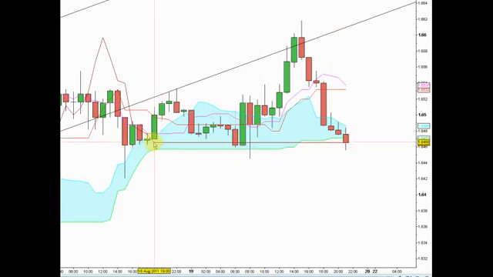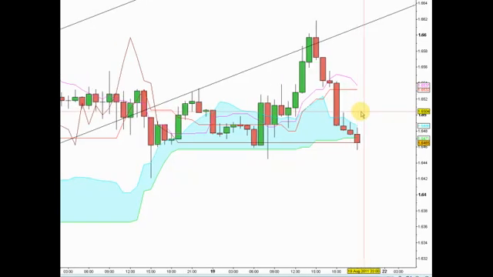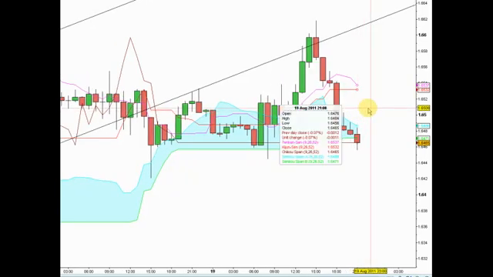The span line hasn't broken through the base of the cloud, and these are not quite in order. I think they probably will be. We need pink through red, so we'll have a look on Monday morning to see what goes on. Okay.